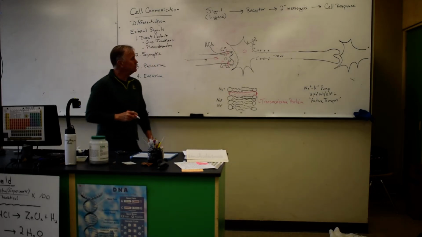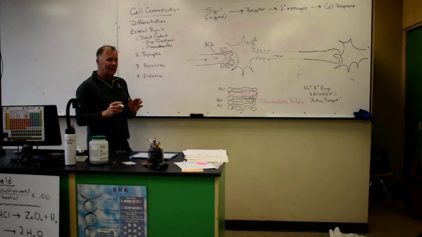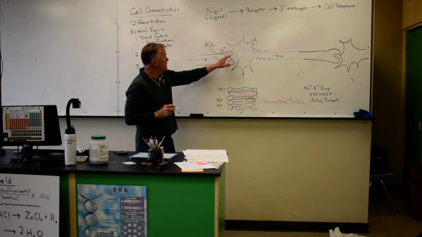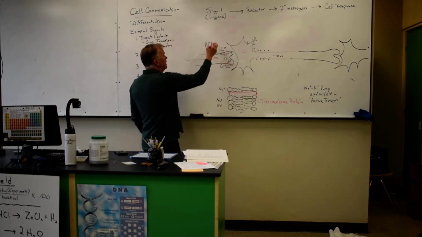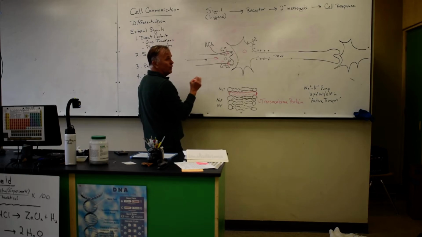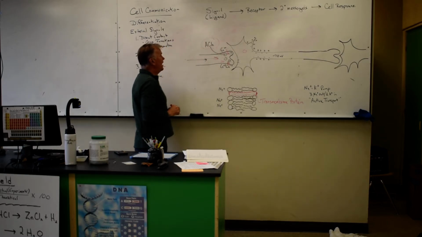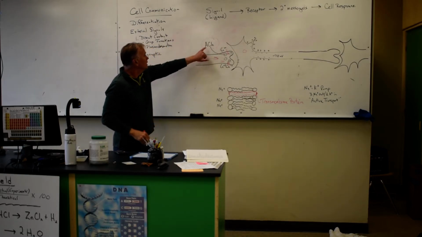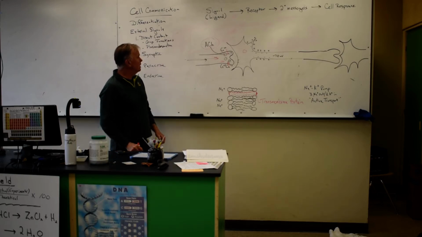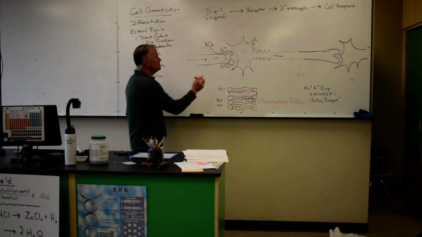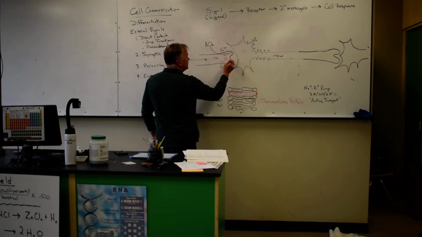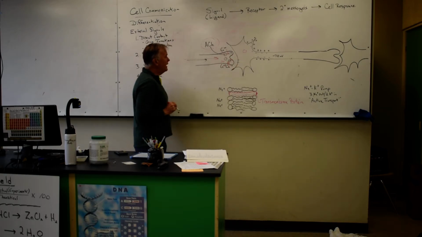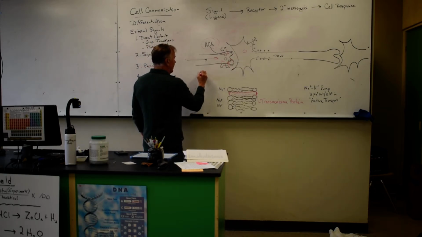So calcium comes rushing in. When that happens, the calcium reacts with these vesicles, which are filled with some sort of neurotransmitter. A real common one is ACH, or acetylcholine. So it triggers these acetylcholine vesicles. It causes them to tether to the end of the membrane, and you guys remember the term exocytosis.